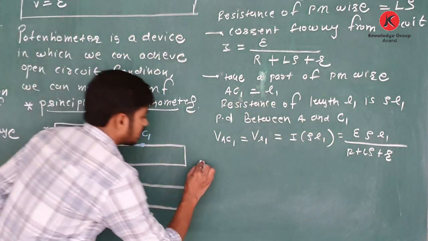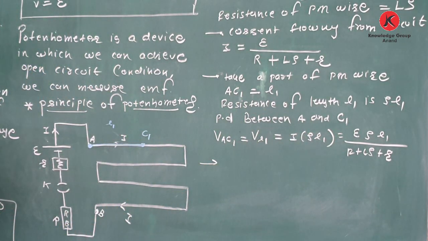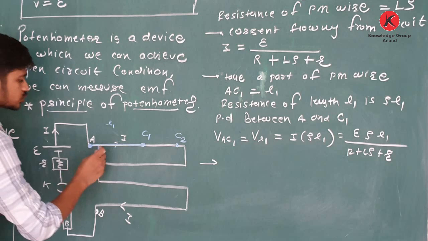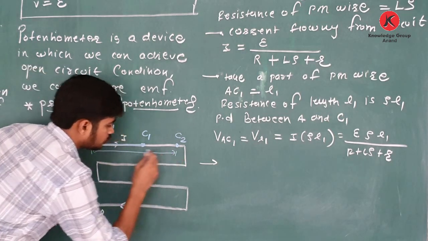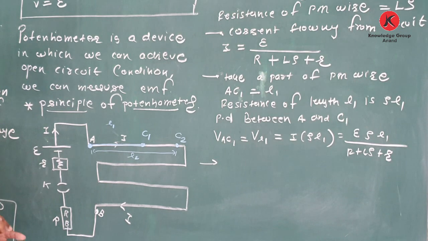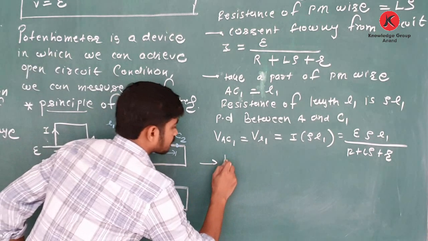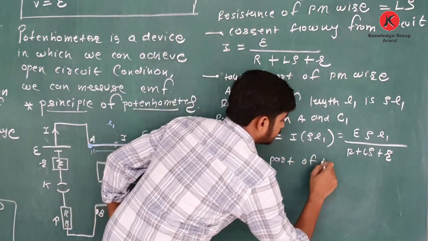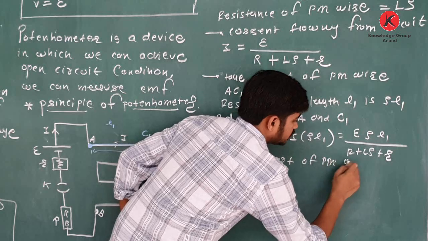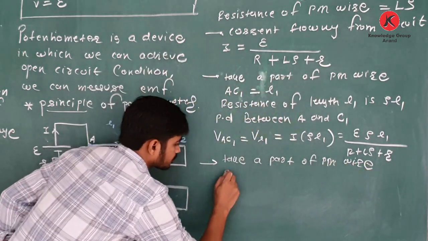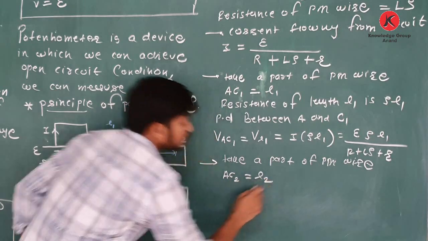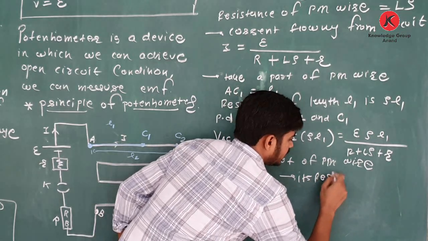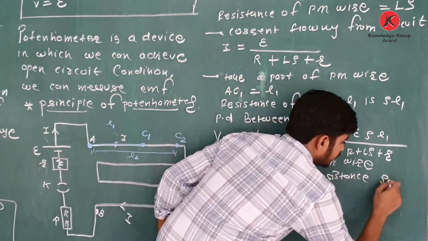Now if I take another part, like this, A to C2, and suppose this whole length is L2. Clear about this? Take a part of the potentiometer wire AC2 equal to L2. Then its resistance we can write directly: it is rho L2.